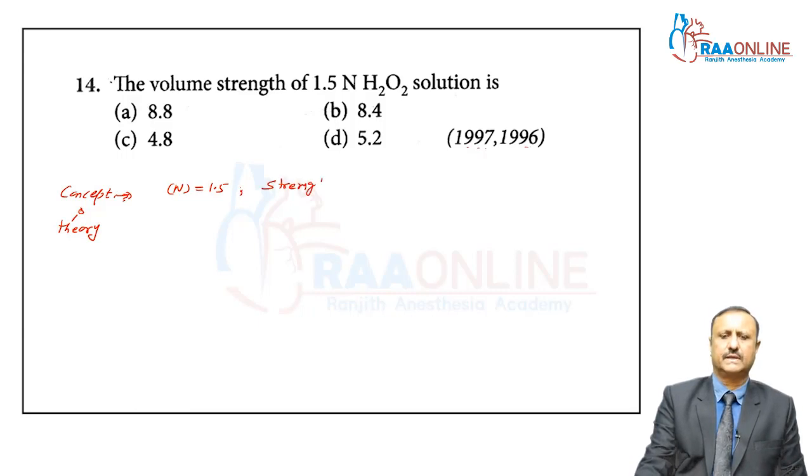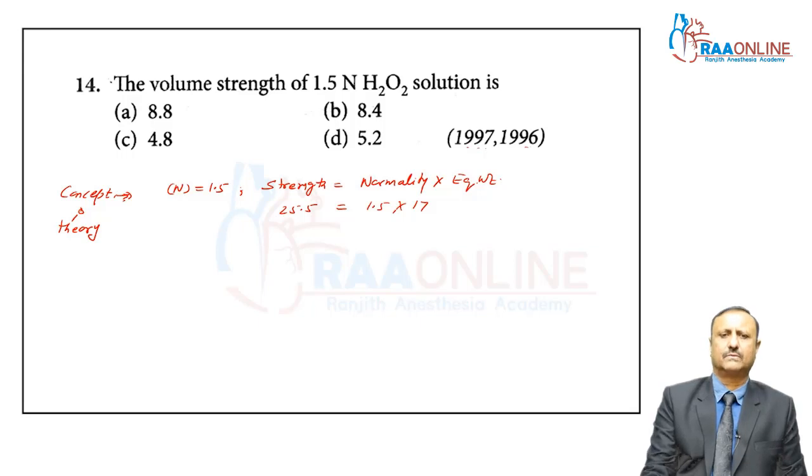Strength is equal to normality into equivalent weight. Normality is 1.5, and the equivalent weight of H2O2 is 17. So, you get the strength, that is 25.5.